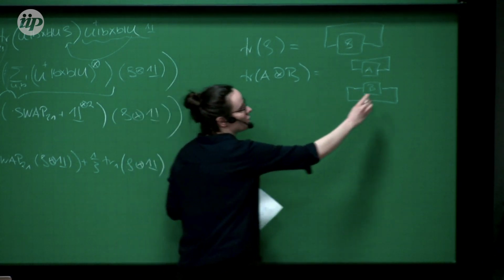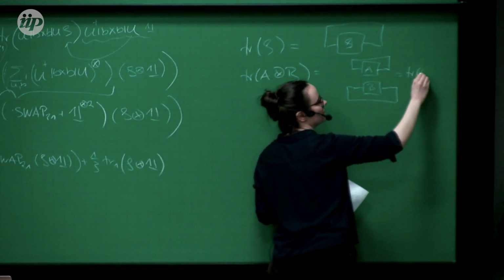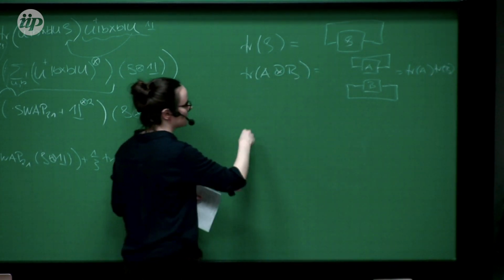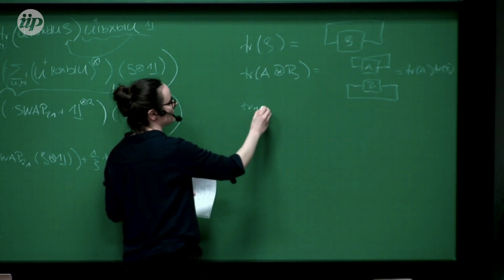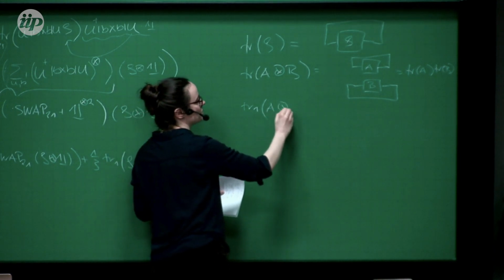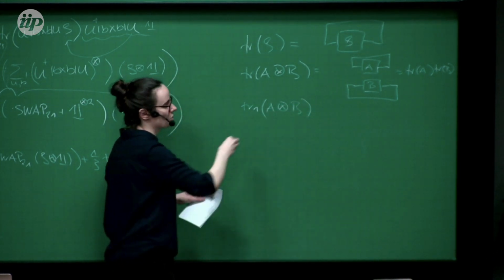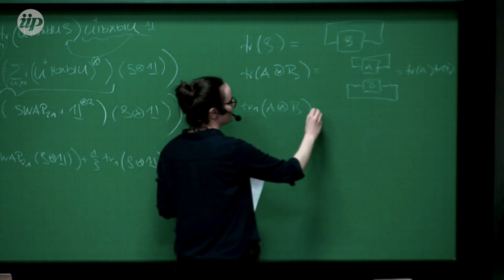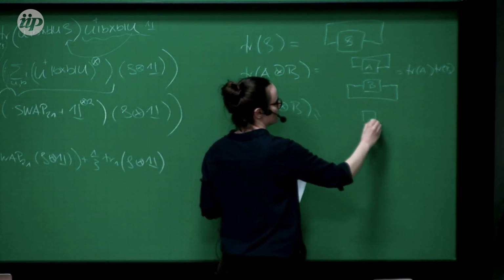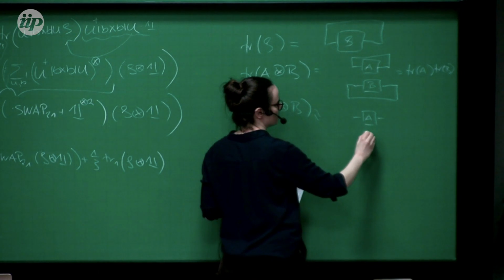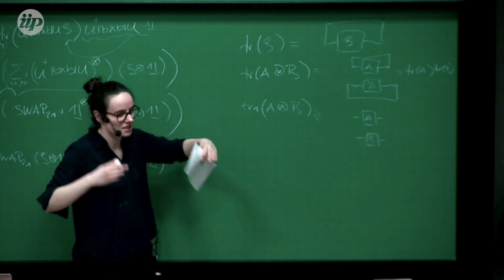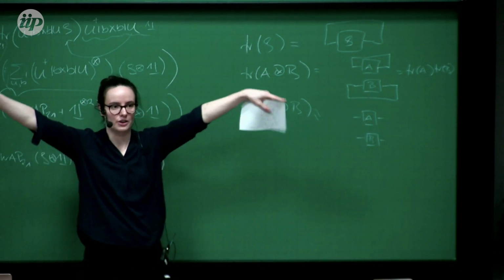And this we know, right? This is just trace of A times trace of B. So if we have this partial trace, which tells me I only want to connect the legs of the first subspace, then in an algorithmic expression this really means only connect the legs that are in and out in the first space.